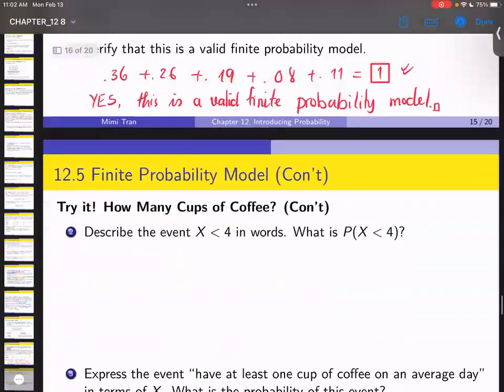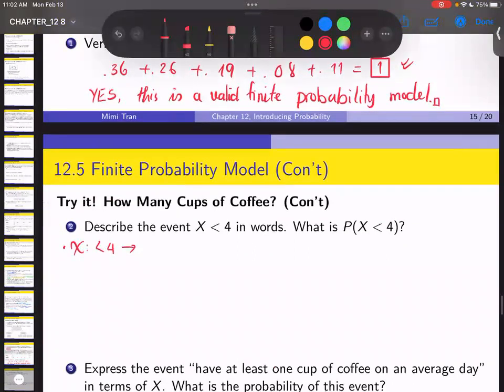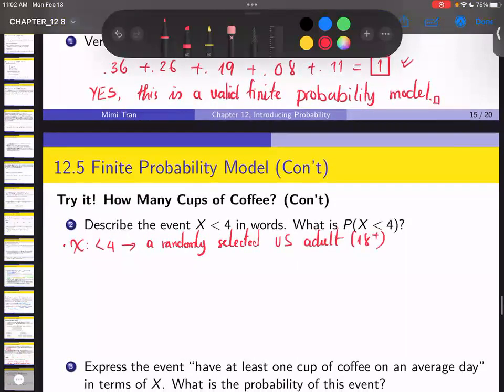So in context, X less than 4 means, in English, a randomly selected US adult, 18 plus, who drinks less than 4 cups of coffee per day.